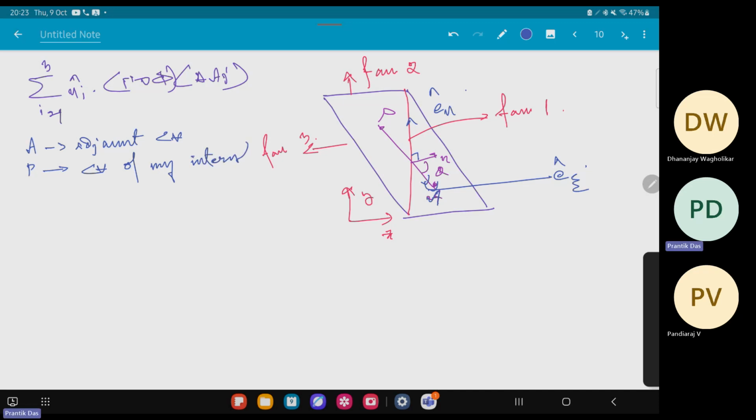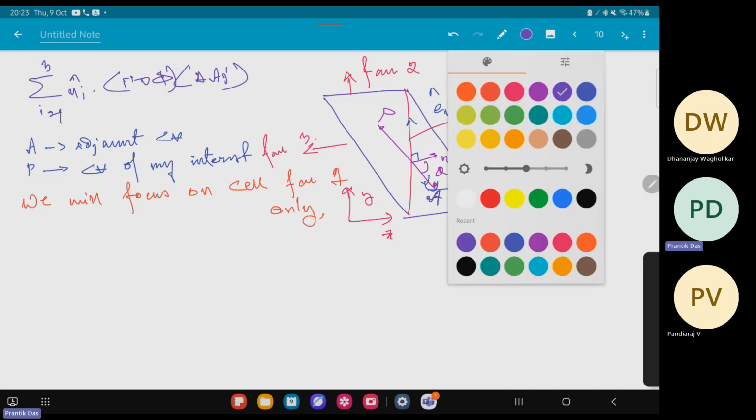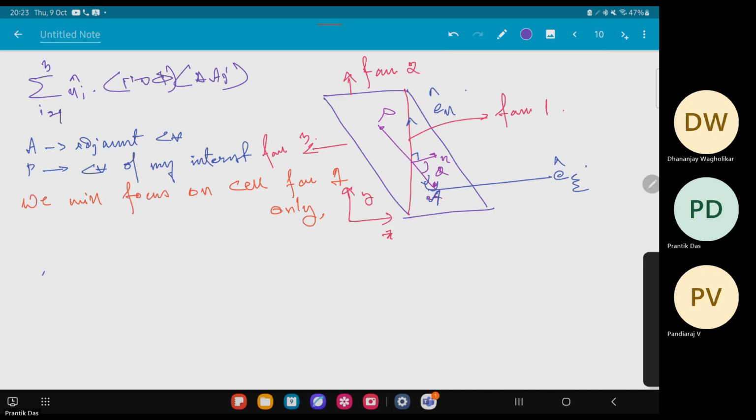Okay, so now we will focus on cell face one only. Let us call n cap, which is perpendicular to face one.